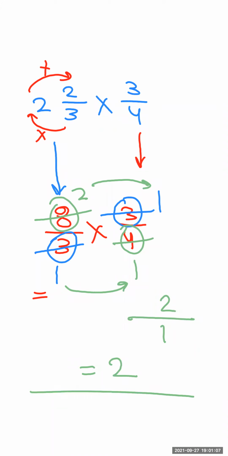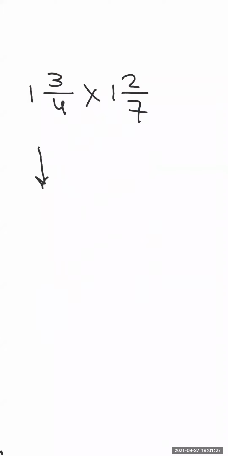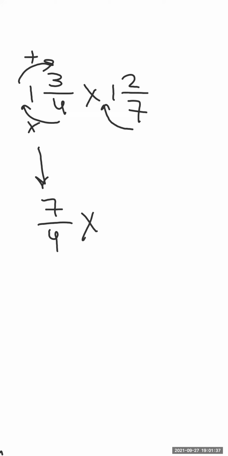One more question, guys, and concentrate with me on the next one. I will multiply two mixed numbers. No problem. What's the difference? Nothing. 1 and 3 over 4 times 1 and 2 over 7. Convert the two mixed numbers into improper fractions. The first one, 4 times 1 equals 4 plus 3, so it's 7 over 4, times the next number, 7 times 1 equals 7 plus 2 equals 9 over 7.